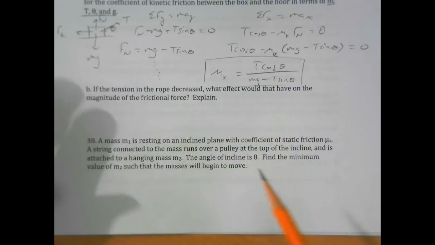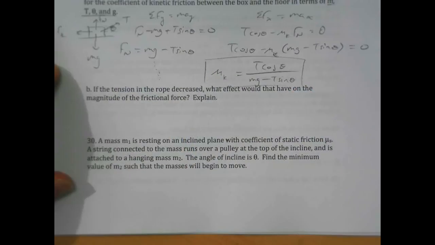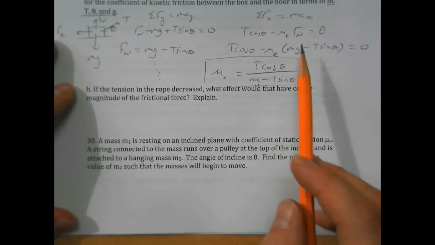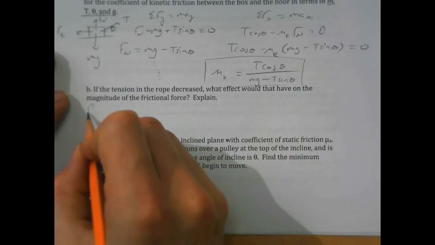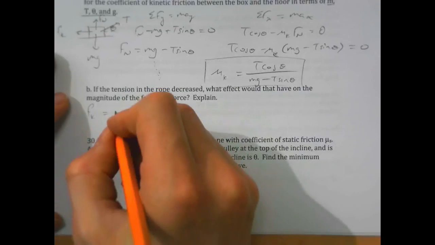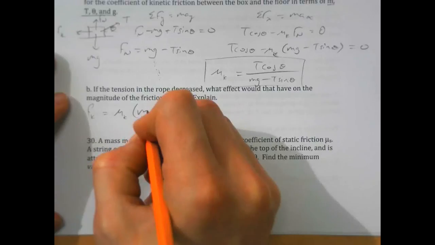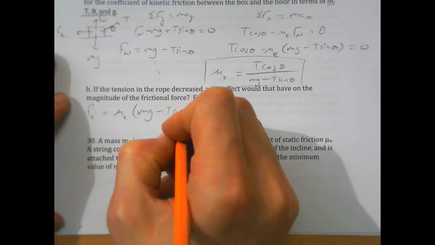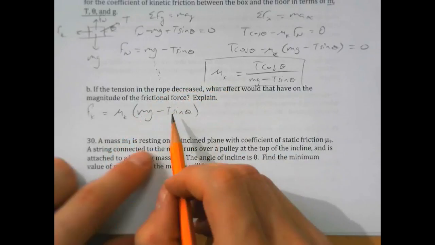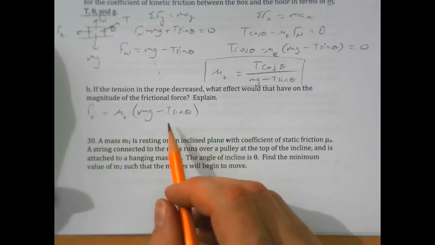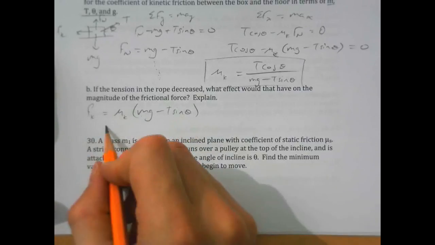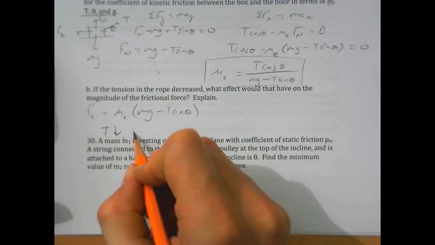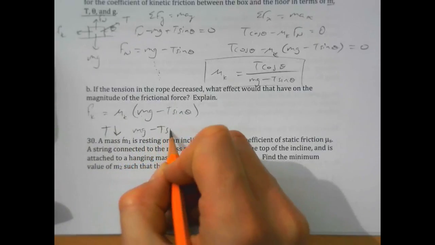If the tension in the rope decreased, what effect would that have on the magnitude of the frictional force? Well, the magnitude of the frictional force is mu k times mg minus T sine theta. So it's mg minus something. If T gets smaller, mg minus T sine theta, what's going to happen?